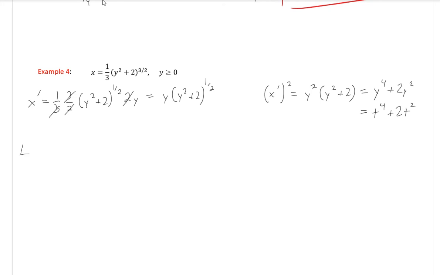And now we can define this length from 0 as my starting point up to y as the square root of 1 plus t to the 4th plus 2t to the 2nd power dt. I'm going to try to make my t's curvy so they're recognizable.